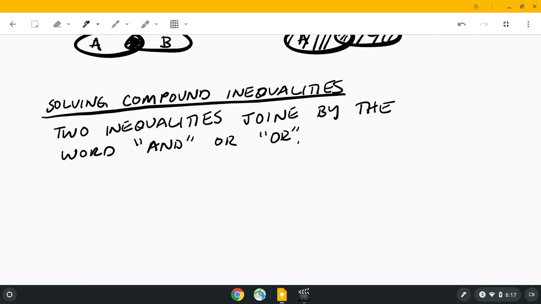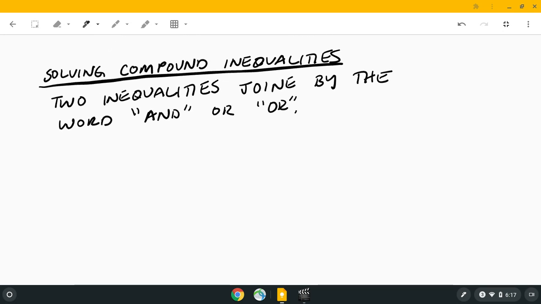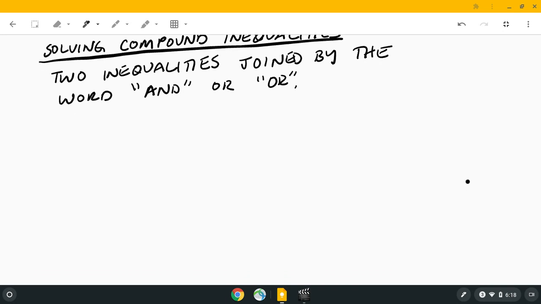Just like in English class, a compound sentence is two sentences joined by a conjunction. A conjunction is like and or but. Same thing here in math. A compound inequality is two inequalities joined by the word and or or.